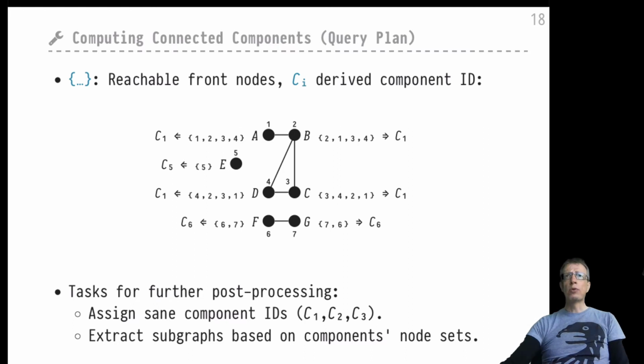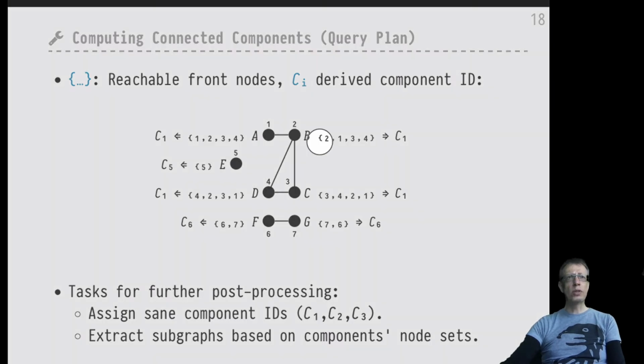So once we have completed our walks and once we have collected all the node IDs that are reachable, we would probably end up with node ID sets that look like this. So for example, looking at node B and the set of nodes that could be reached while starting a walk from B, we would of course find the node ID 2, which is B itself.